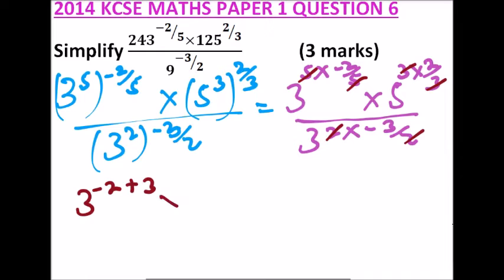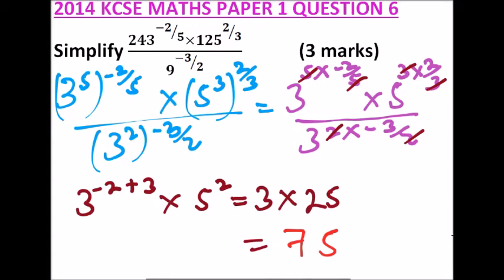You multiply by 5 multiplied by 2. So this is equal to 3 multiplied by, minus 2 plus 3 is 3, multiplied by 5 squared, that is 25, and that should give you 75. So that is how you work that out, and you get yourself 3 marks.